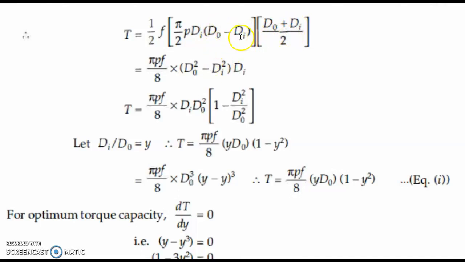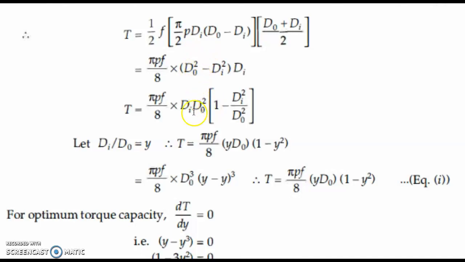And we can convert this equation into this one. We can take it as a minus b into a plus b, that is equal to a square minus b square. So comparing that with this equation, we can write pi into P into coefficient of friction mu, divided by 8 into do square minus di square into di. Then in our question the value is given as a ratio, that is di by do. So to go for that solution, we can take do square outside.